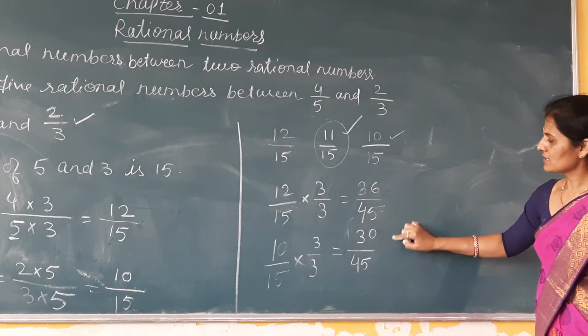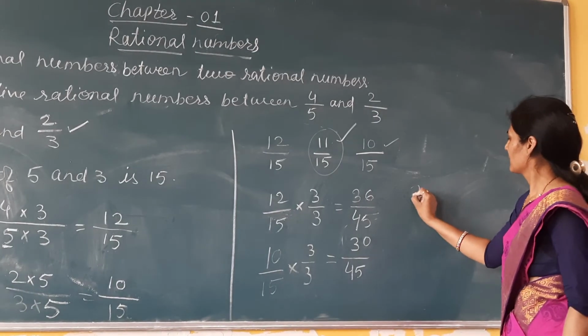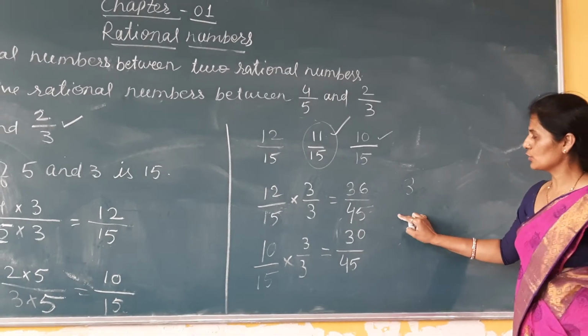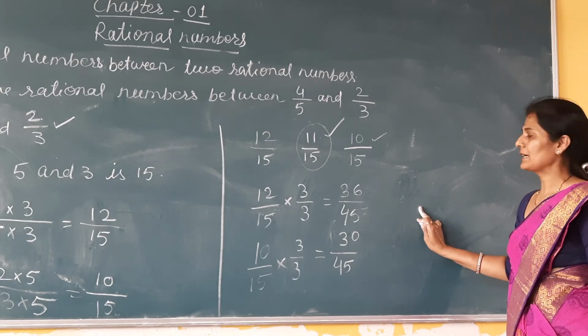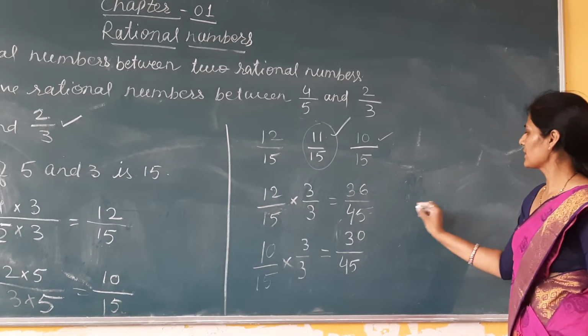Now how many rational numbers between this 30 and 36? You can 31, 30 के बाद 31, 32, 33, 34 and 35. That means 5 rational numbers you will get in between these 2 rational numbers.